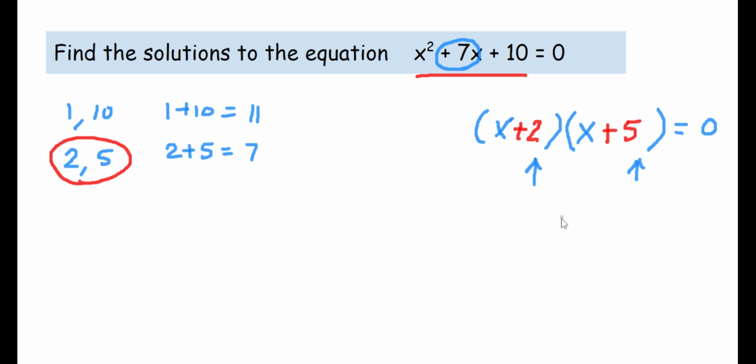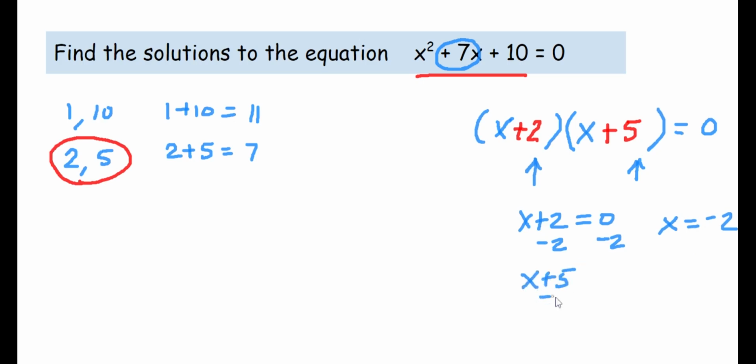And now we can find the solutions by setting each one of these equal to 0 and solving. That's not too difficult. Let's set x plus 2 equal to 0 and solve. That means we would subtract 2 from each side. x equals negative 2. Same thing with x plus 5.